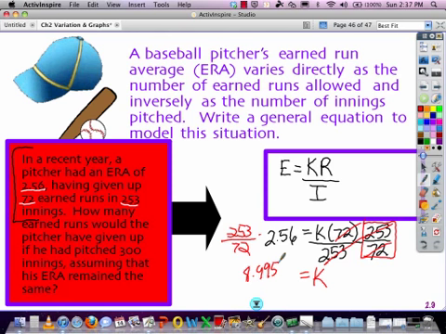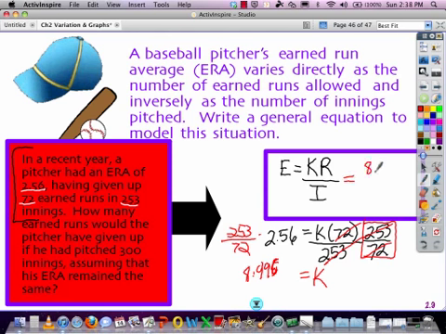So maybe let's go over nearest thousandths, and so we'll make that a 6. 8.996. And that would be the K value we would use. So then we could come back up here, put our K value in, 8.996. Look for our earned runs in that and look for our innings pitched.